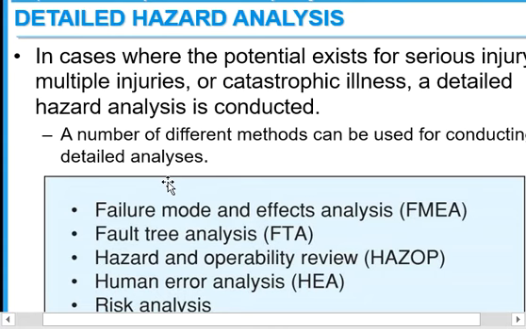Now the second question would be: when am I going to use detailed analysis and what kind of methodologies do I have to use?